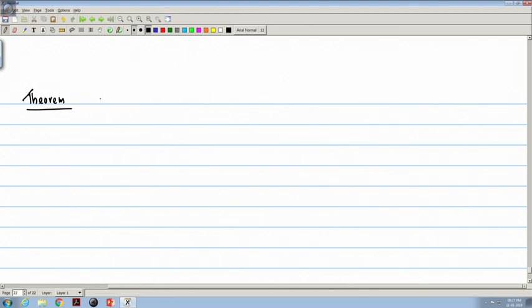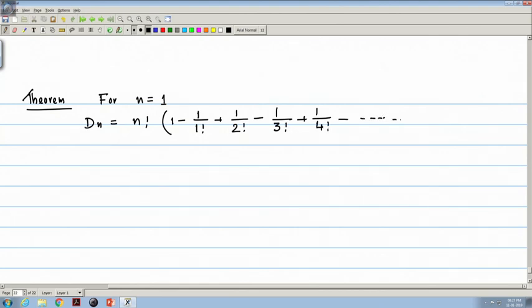For n equal to 1, the derangement formula is Dn equals n factorial times 1 minus 1 by 1 factorial plus 1 by 2 factorial minus 1 by 3 factorial plus 1 by 4 factorial, and in this way, since I do not know the value of n, whether it is odd or even, minus 1 to the power n, 1 by n factorial. So, this is my formula for derangement.